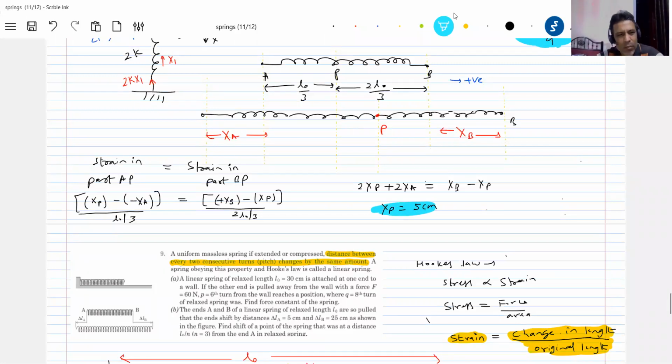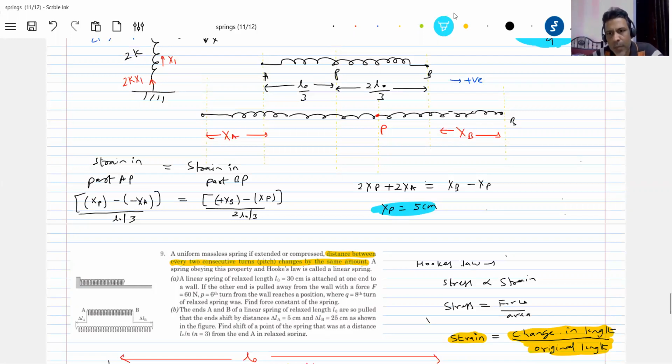It means we have to be very careful about the strain. How do you define strain? Don't measure strain as merely positive. What you calculate as strain is telling that the strain will be equal at all points. The change in length of one part by the length of that part should be constant throughout the spring.